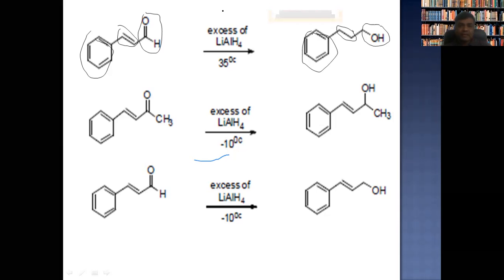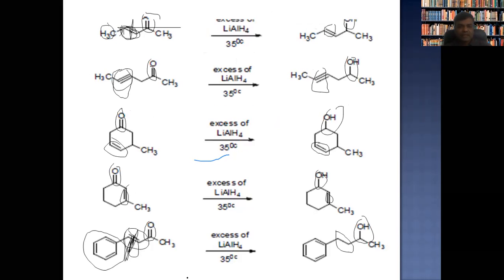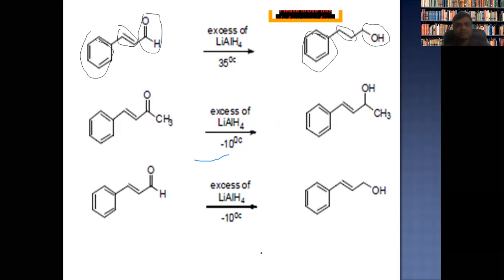But again, I want to tell you one thing about this. See here, the temperature in all these reactions is 35 degrees Celsius, just a little bit more than room temperature. Now here see the temperature effect.